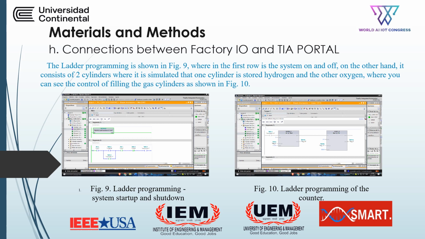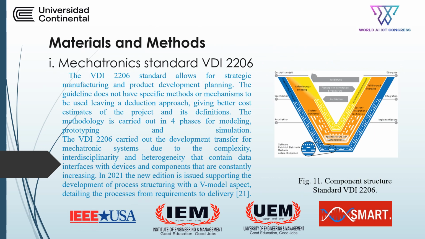In this part, in the first row of the system, on the other hand, it consists of two cylinders, where it is simulated that one cylinder is storing hydrogen and the other oxygen. You can see the control of filling the gas cylinders as shown in Figure 10.